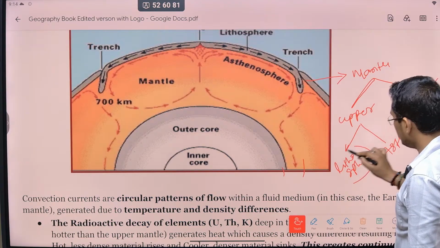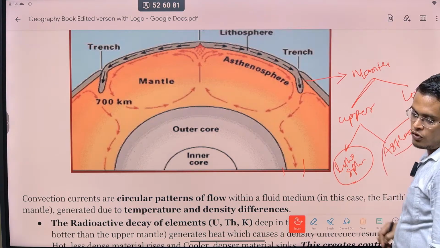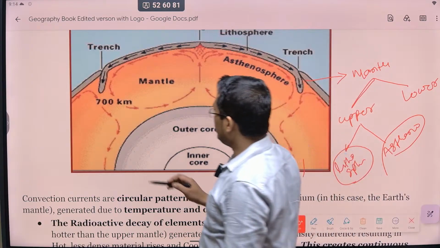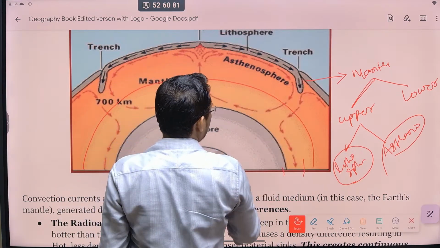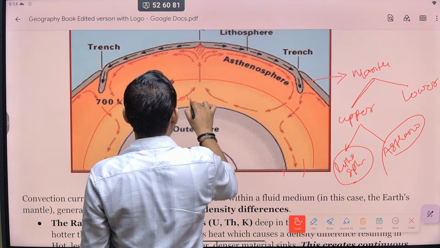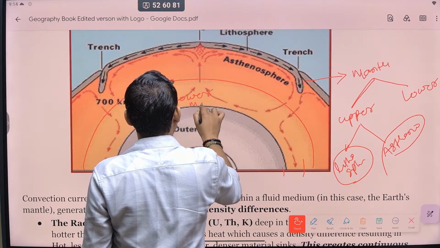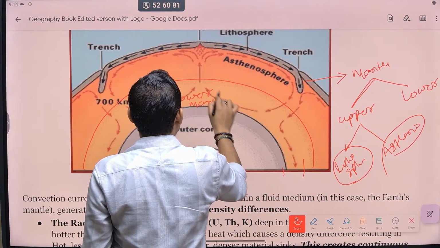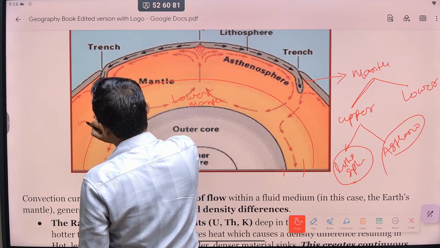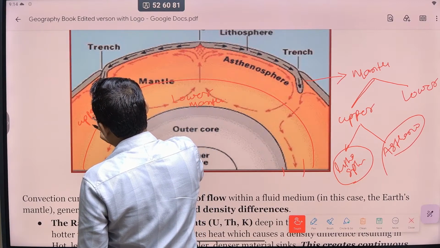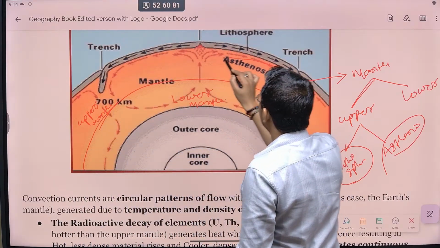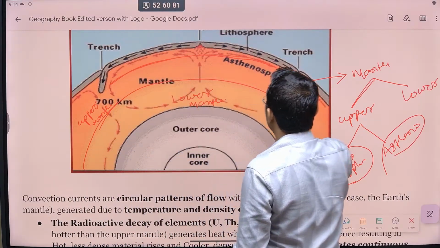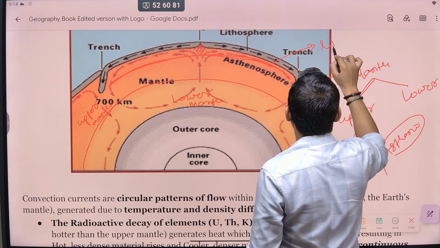The upper portion is called lithosphere and the bottom portion is called asthenosphere. So I am dividing, this is what is called lower mantle, and this is what is called upper mantle. The top portion of the upper mantle is called lithosphere.